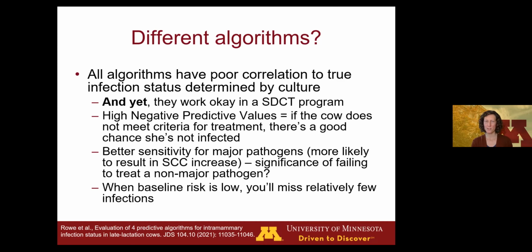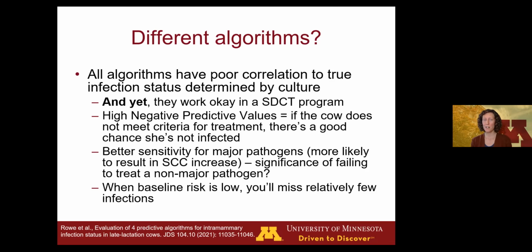There are a couple of different reasons for that. One goes back to the point about the very low infection prevalence at dry off on most dairies. If you have only a small percentage of quarters infected, and your algorithm tells you that the cow is negative or likely doesn't have mastitis, that test is going to have what we call a high negative predictive value, because there are just so few cows that are infected at the time of dry off.